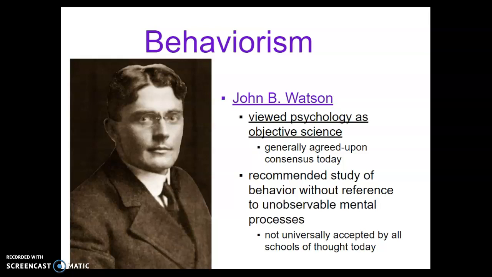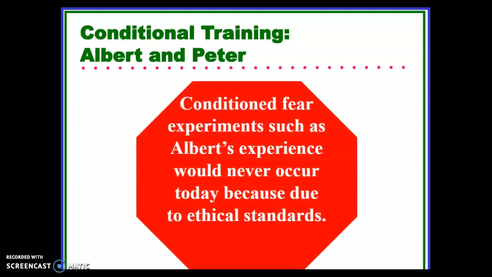But John Watson took Pavlov's experiment and he expanded upon it to use it on a human and to condition an emotion. He thought, can I condition fear into a child? And so he took this little Albert, who was a baby at the time, and he conditioned fear into him. And we'll go into that in just a minute.